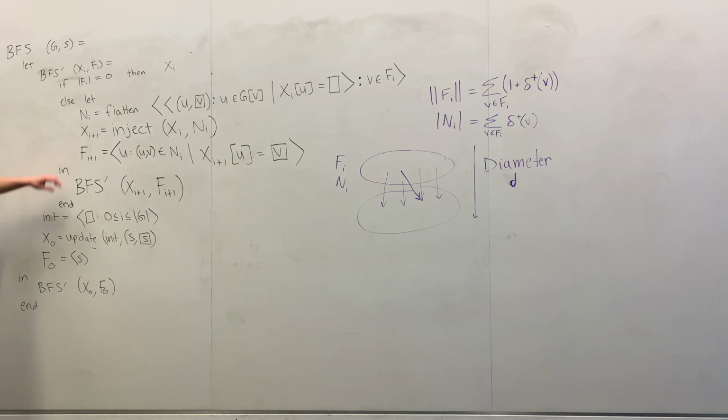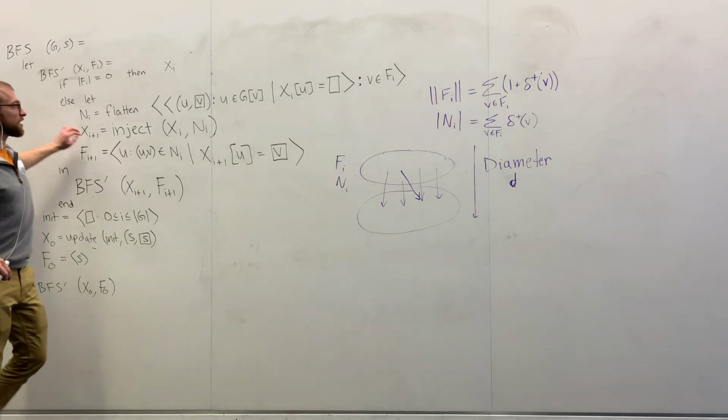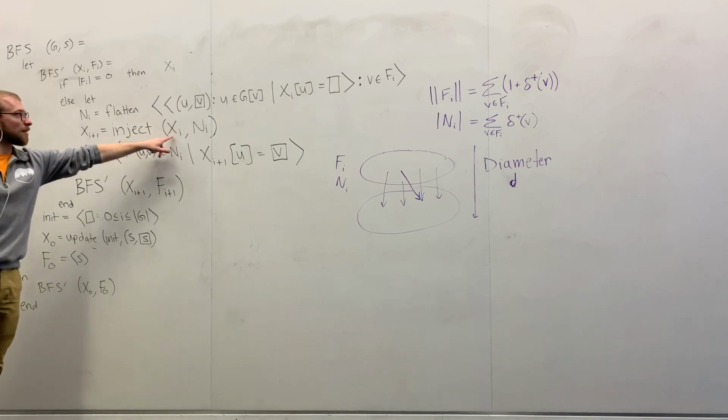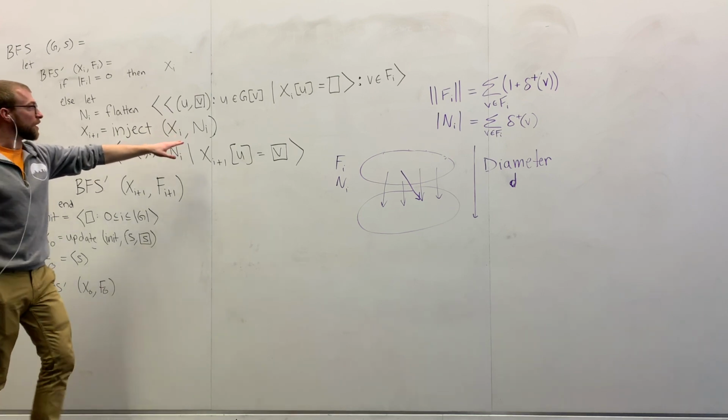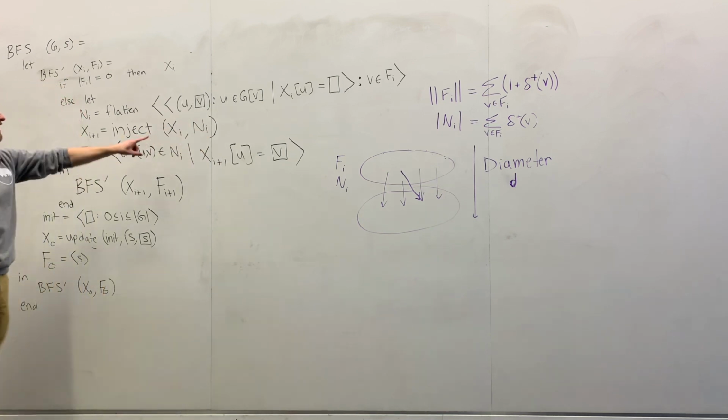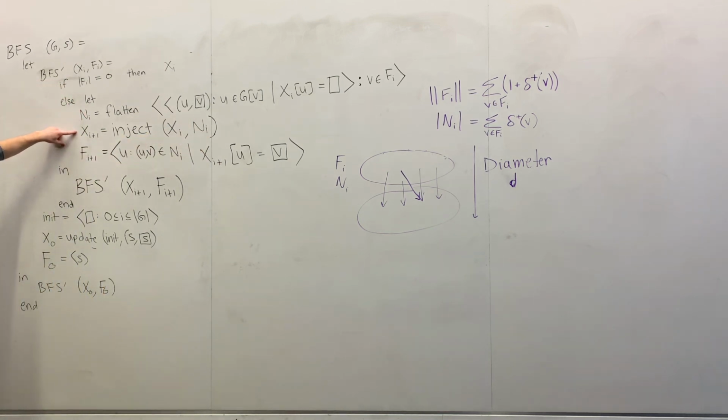So the cost of the inject, well, we're going to pay linear in the number of vertices in order to copy this value of xi, but we then pay the size of Ni in order to do the injection.